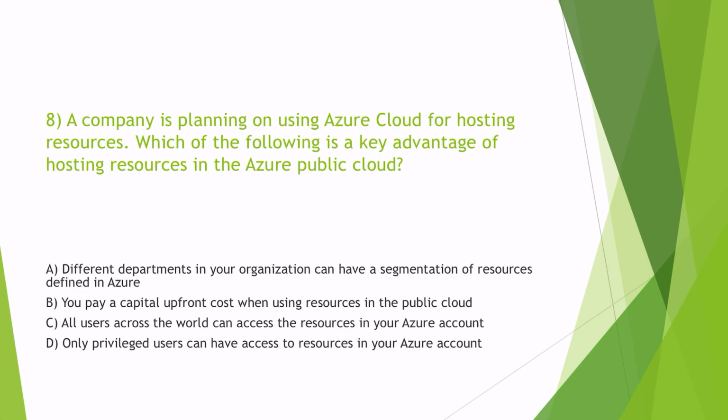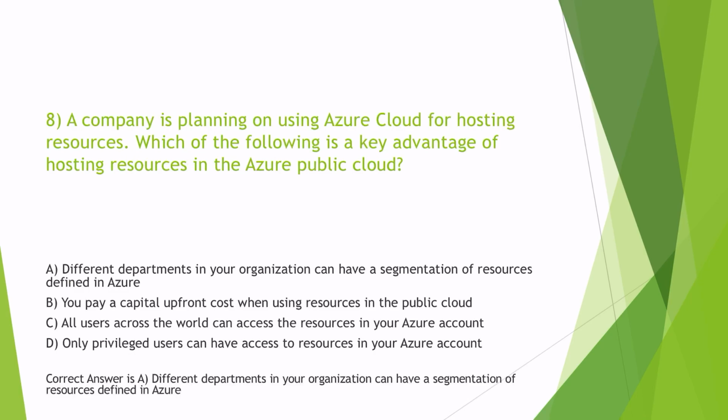Option C, all users across the world can access the resources in your Azure account. And option D, only privileged users can have access to resources in your Azure account. Correct answer is option A. Different departments in your organization can have a segmentation of resources defined in Azure.